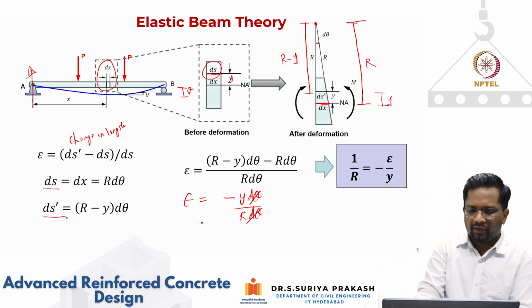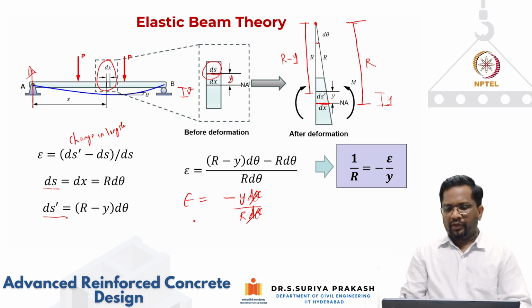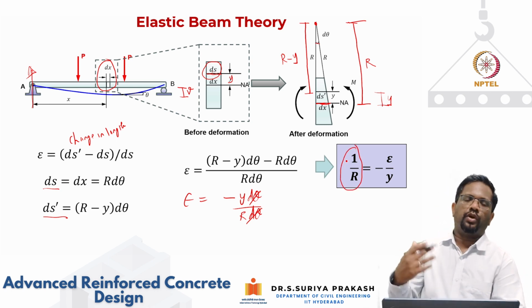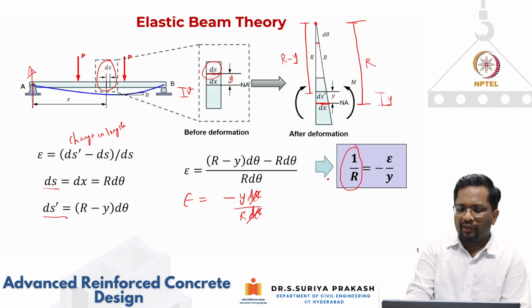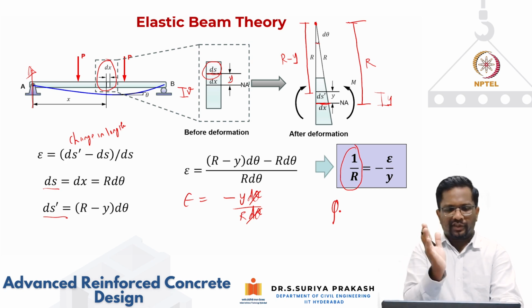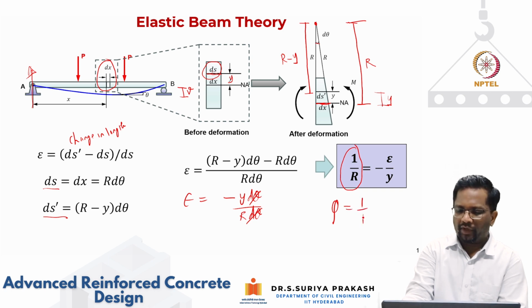And also you can write that as 1 by r is nothing but epsilon by y. So this is your radius of curvature. R is radius of curvature. What is 1 by radius of curvature? It is nothing but your curvature, which is nothing but your rotation. How much the section has actually rotated. Which we also write as phi, which is equal to 1 by r.